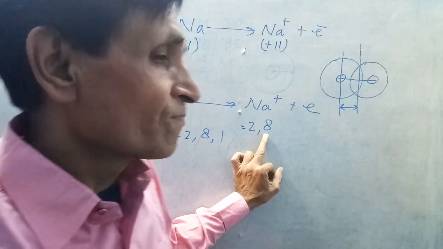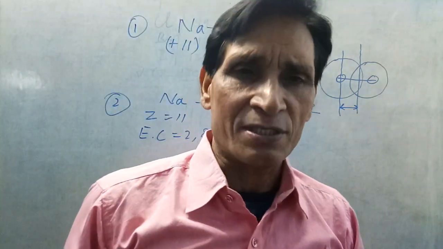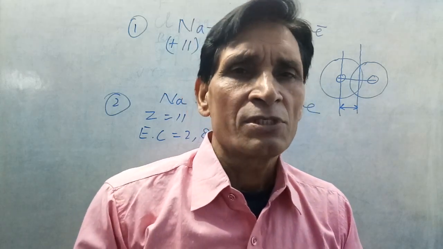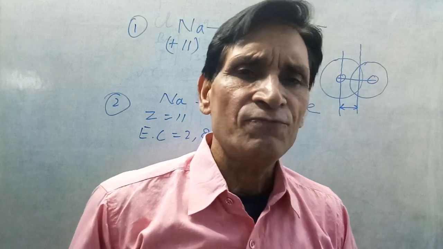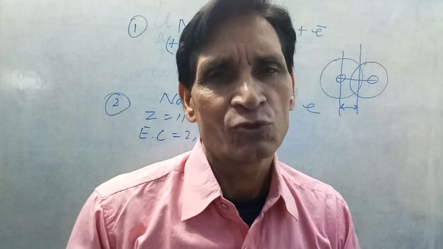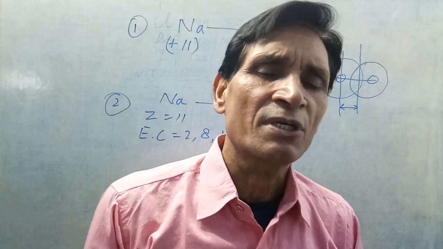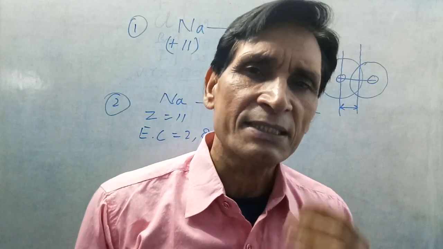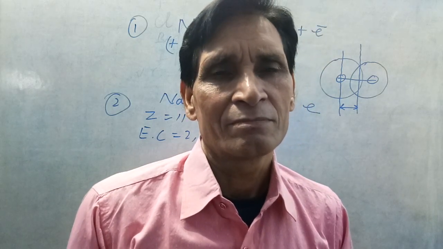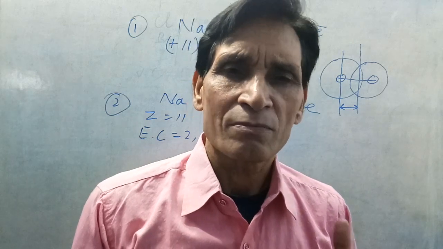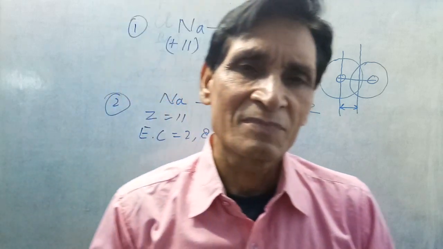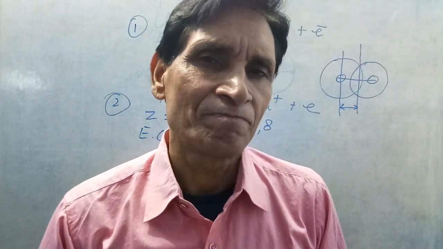Next question. Why is an anion larger than its corresponding neutral atom? Same way you can explain. Anion is formed by gain of one or more electrons. So, in an anion, the number of electrons is more than that in its neutral atom. However, the magnitude of nuclear charge remains unchanged.